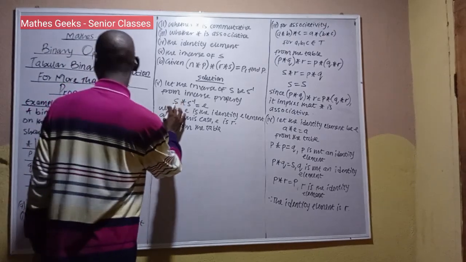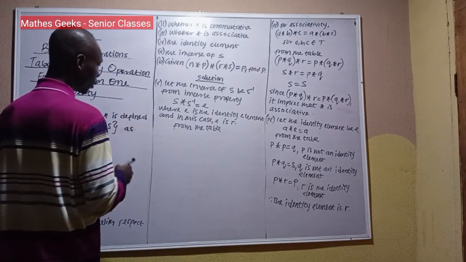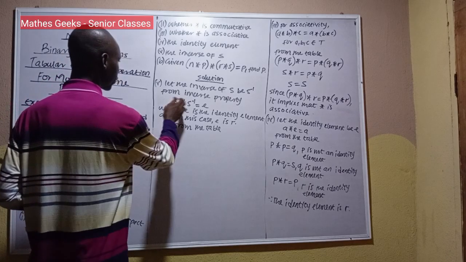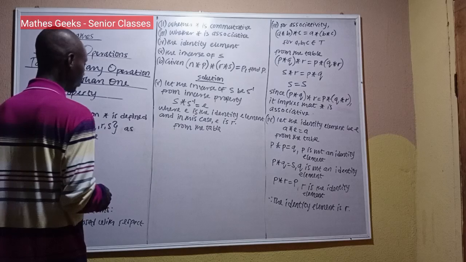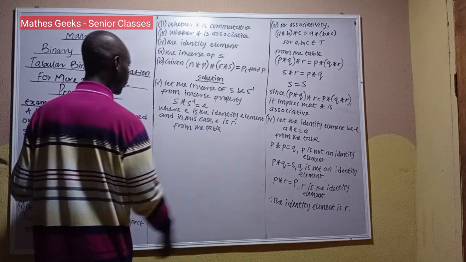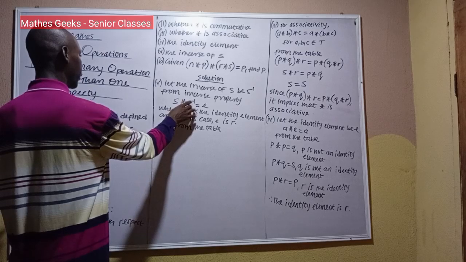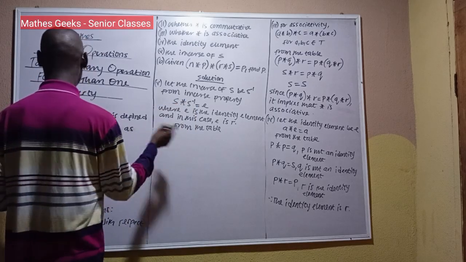From the table, if you take any two elements, row against column, and we get E, which is the identity, that means the element is the inverse of the other. So let's start.